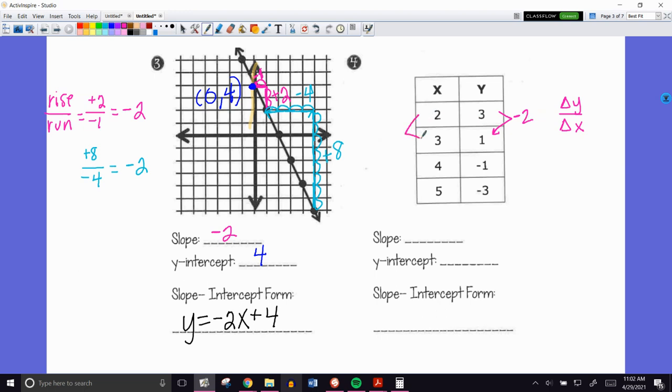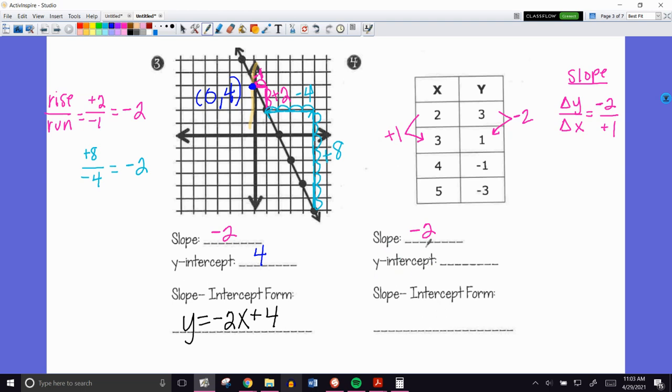And then to go from 2 to 3, I'm going to add 1. So my change in y is a negative 2, and my change in x is a positive 1. So this was for my slope. When I simplify negative 2 divided by 1, I get negative 2.